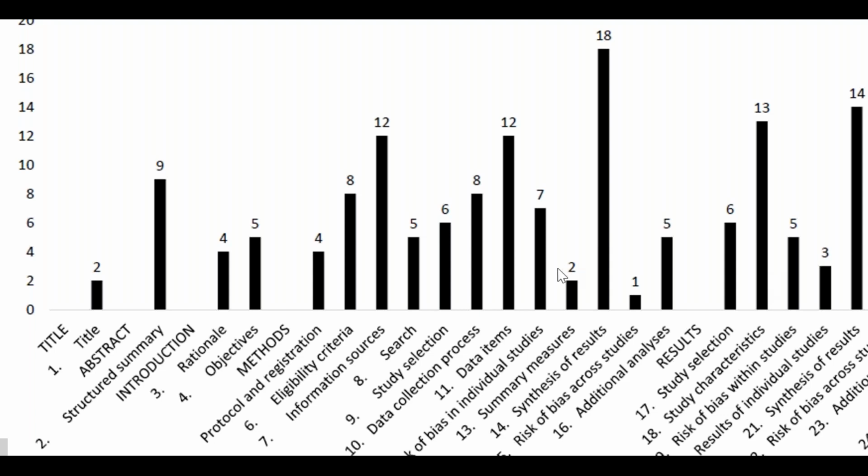And so, for example, we see that at item number 14 on the synthesis of results, collating from the other existing guidance for reporting reviews, there are 18 other elements that could be added somewhere to PRISMA, be it in the checklist itself or in the accompanying detailed explanation and elaboration document. But essentially all items in the original PRISMA statement could have been supplemented with additional guidance, we found.